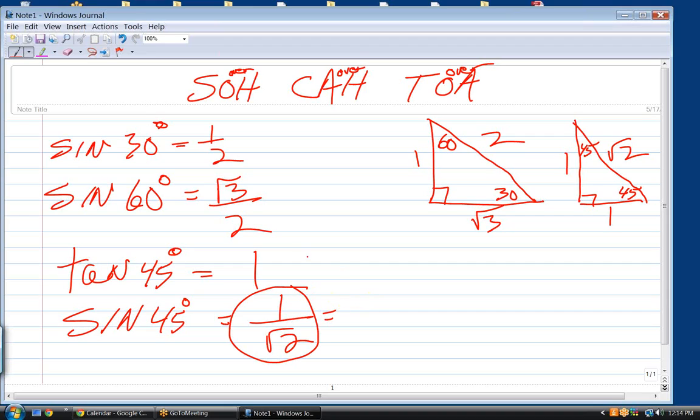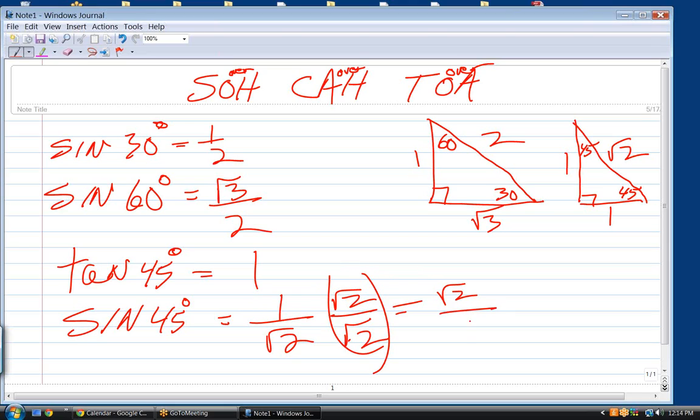So I can multiply this 1 over root 2 by the number 1 without changing its value. So I'm going to multiply it by that 1, and I get root 2 over 2. Okay? So, using these two triangles, memorize everything you see here. You can now do all 6 trig functions.